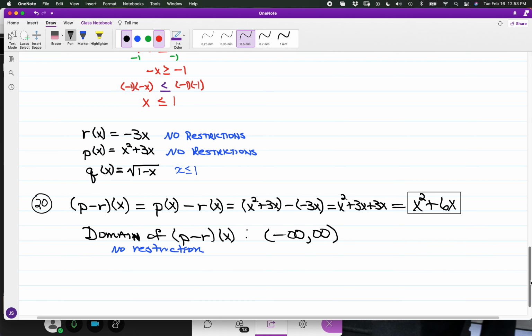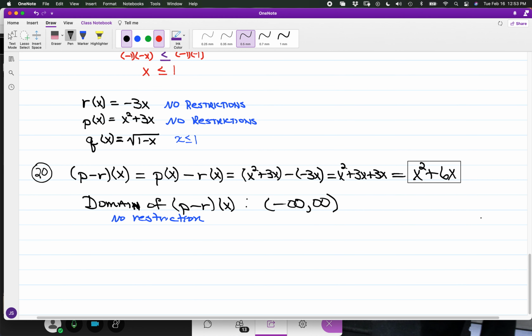All right. Now, in the case of number 22, this time we have r times q of x. So this will become r of x times q of x.